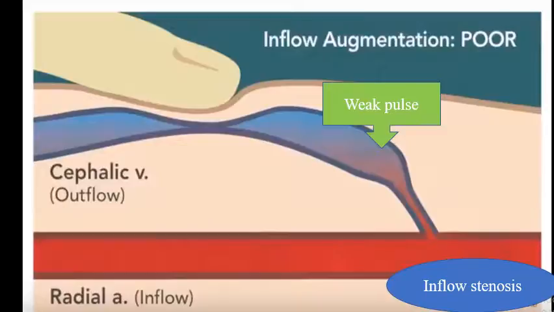The blood which comes to the AV fistula is low or weak. So the stenosis will be at this site.